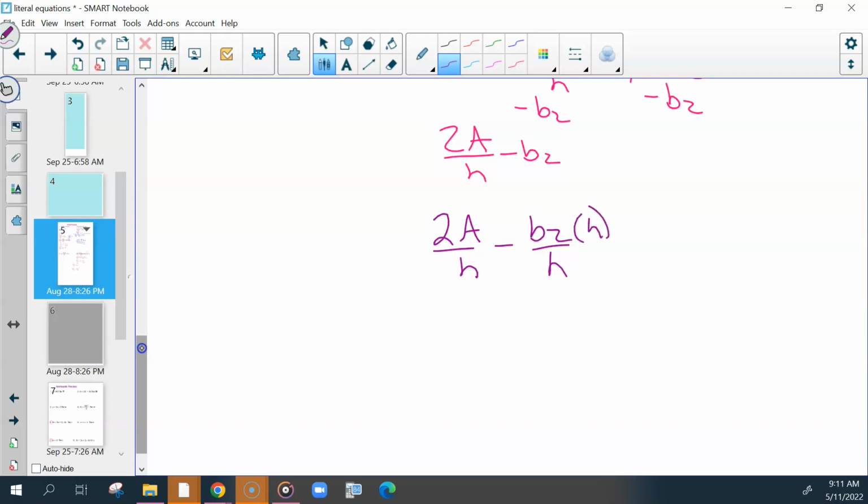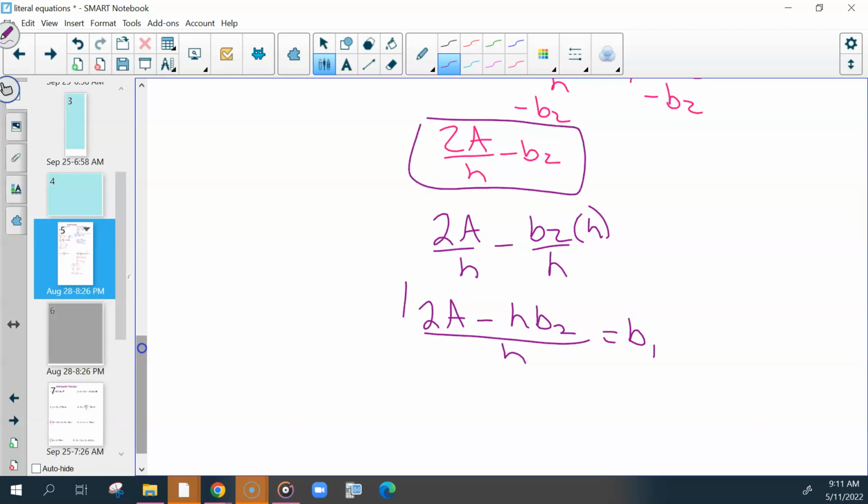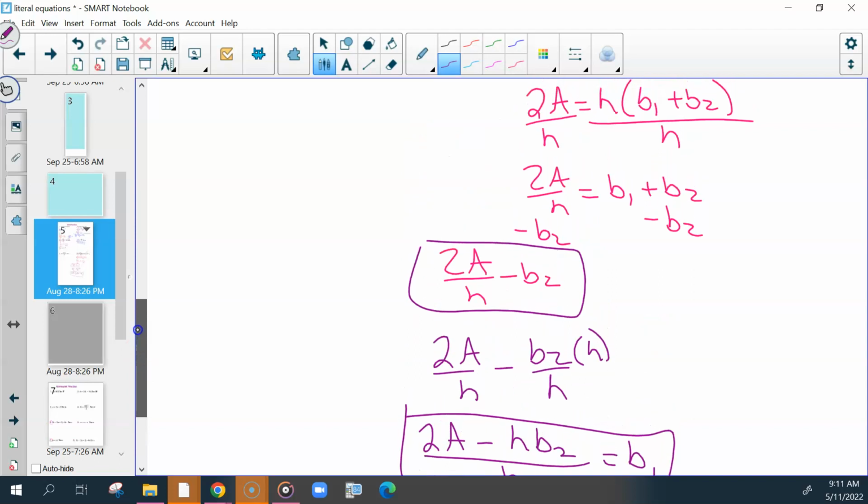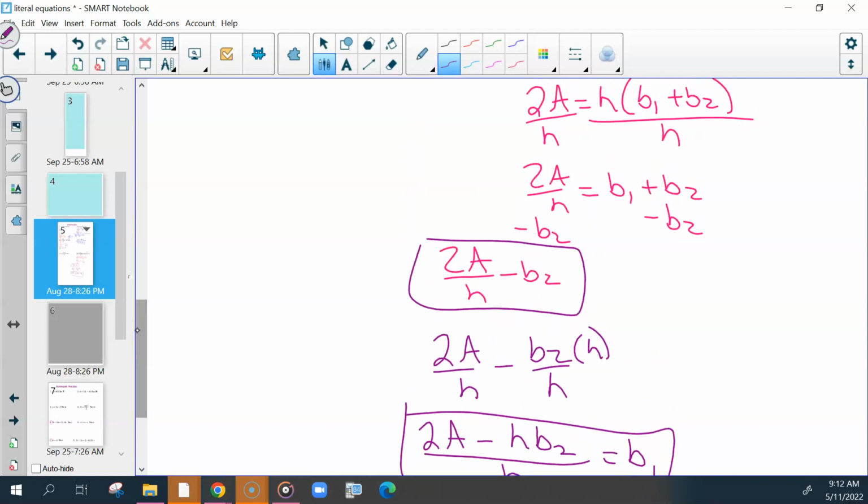So we have 2a minus h times b2, all over h. So either or. One just looks more complex than the other. Other questions on 6?